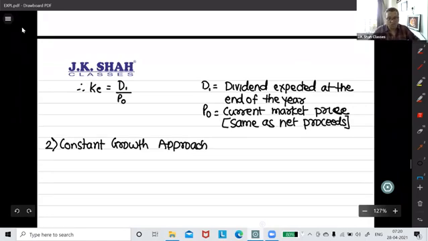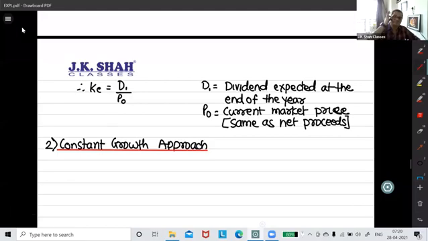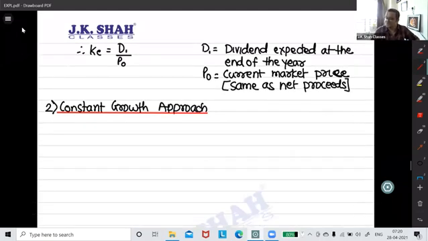Constant growth approach. Now comes the matter of discussion. We are going to have a good positive discussion.